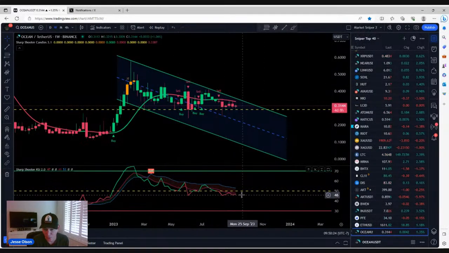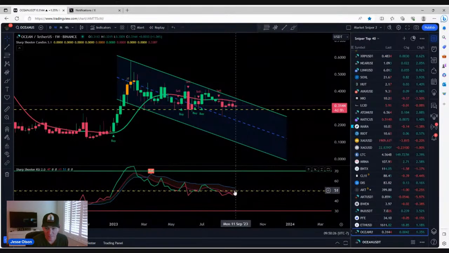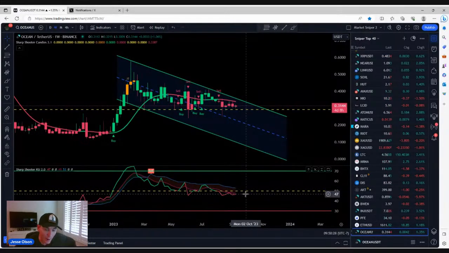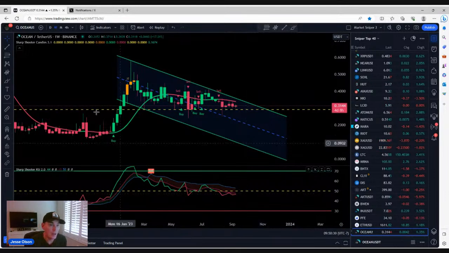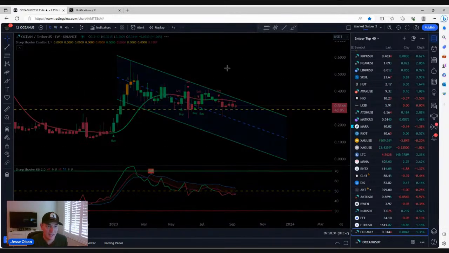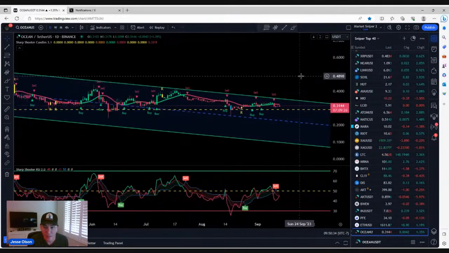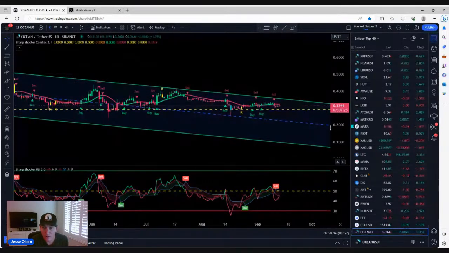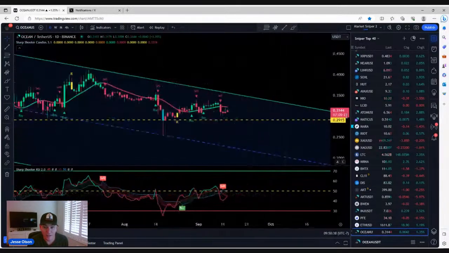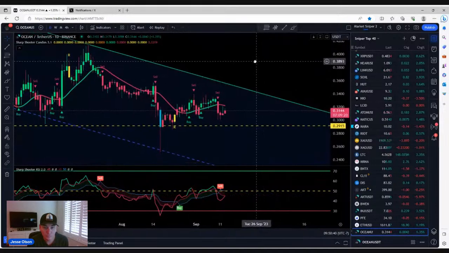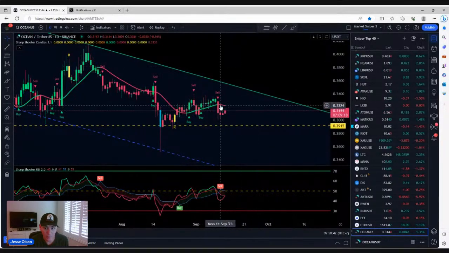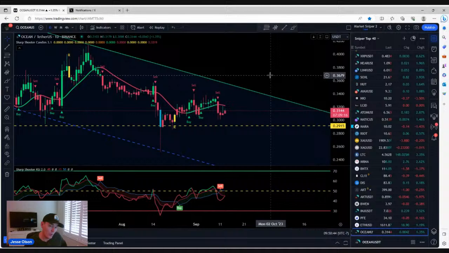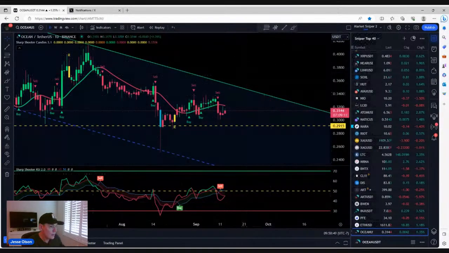RSI is continuing to trend downward. You got the RSI EMA getting into bearish territory as well on the weekly chart. So I'm not seeing much of a change there on the weekly. On the daily chart, also, there was a sell signal on the daily chart, and it's still trending down. So everything overall on the weekly and daily chart is trending down in Ocean. So that's what I'm seeing.